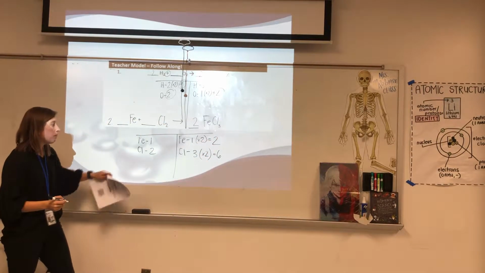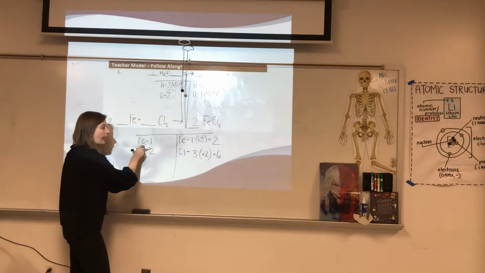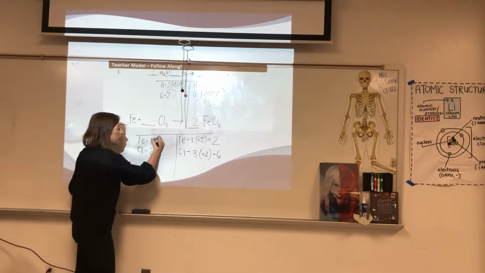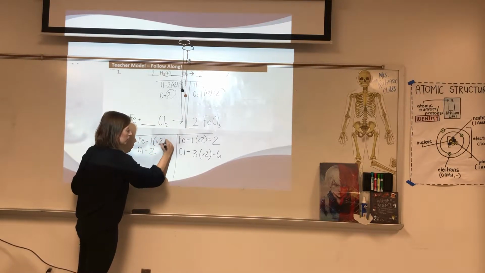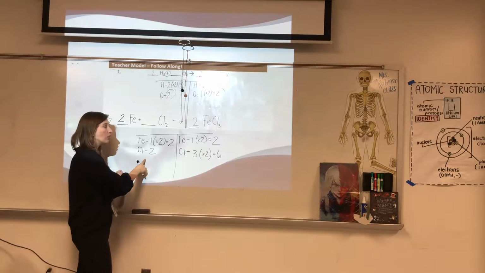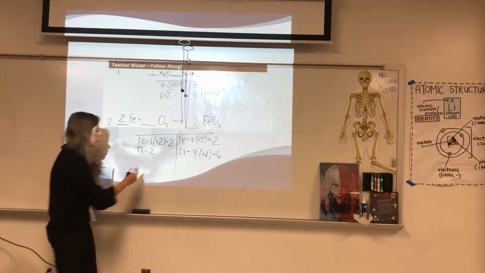So now I have 1 times 2 is 2. Because I've done that, I need to get these to be the same, right? What can I multiply by Fe to get that to also be 2? Times 2. I need to add that coefficient to the front. What can I do to that chlorine to get it to be equal to 6? Times 3.